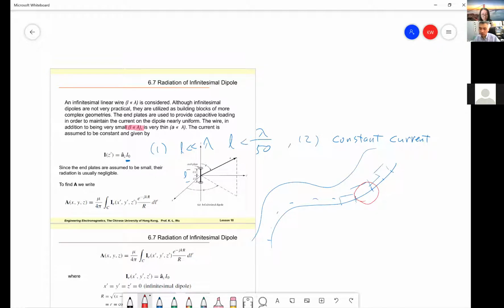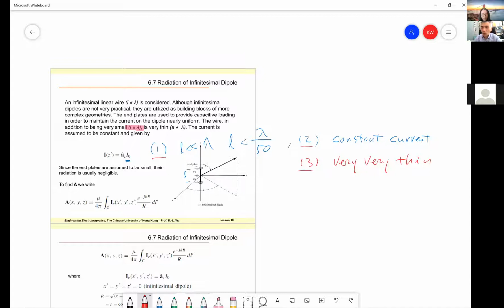That's why I said this is a foundation. Then another assumption, very thin. That means the radius is so small compared to the wavelength that we ignore it. So under these three assumptions, we describe how the antenna radiates.